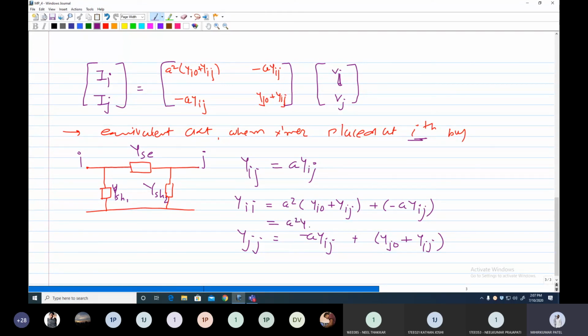A square into your shunt element Yi0 plus A into (A minus 1) into your series element. Similarly for this equation we can write Yj0 plus (1 minus A) Yij. Clear up to this?